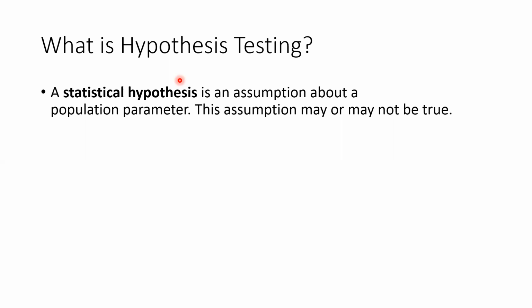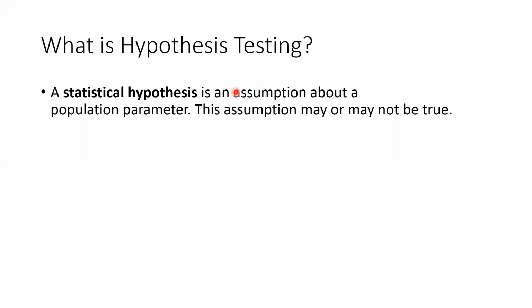Okay, so these are different population parameters, and why are we calling it an assumption? Any idea why we are calling it an assumption about a population parameter? Because it is very difficult for me to go to the whole population, go to every individual and calculate the values.